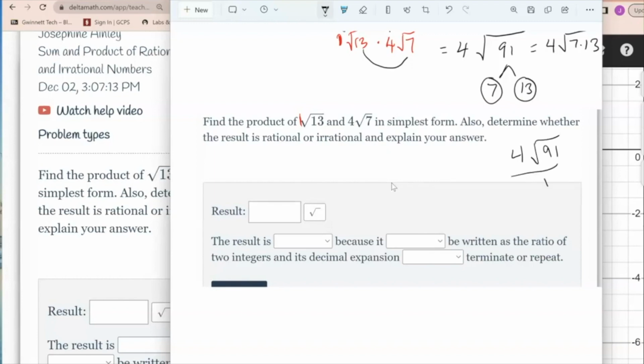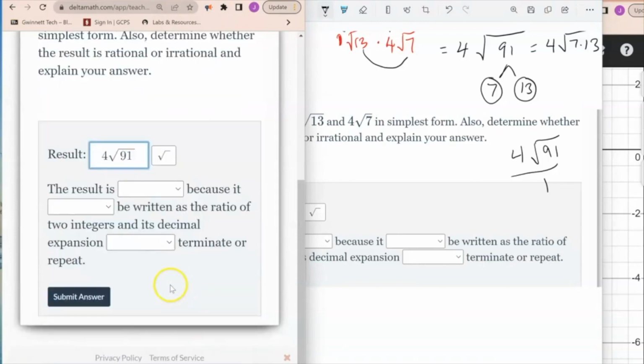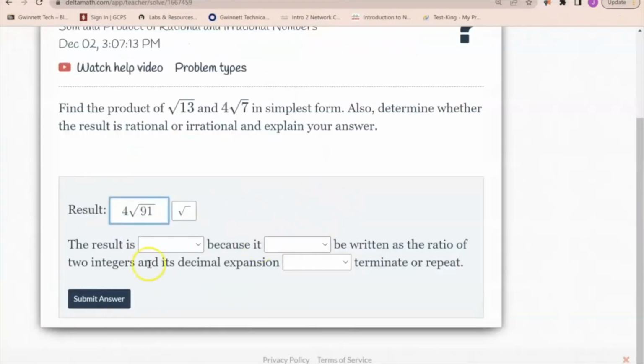And this is not an integer. So let's go ahead and put this in. 4 radical 91. This is not an integer. It's irrational because it cannot be written as a ratio of 2 integers, and its decimal expansion does not terminate or repeat.